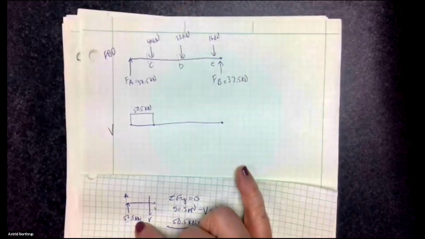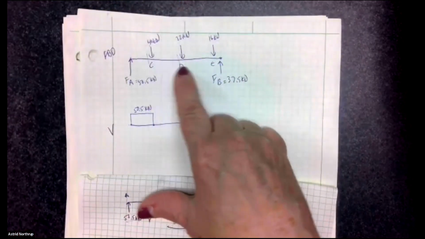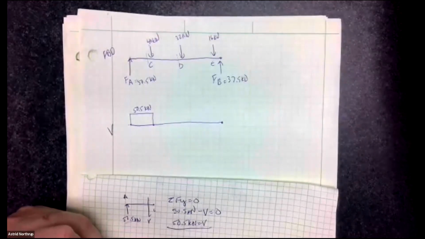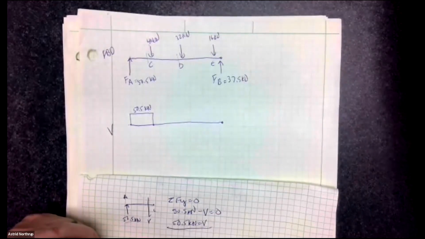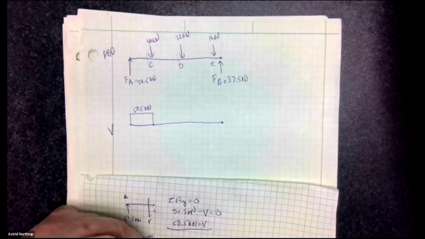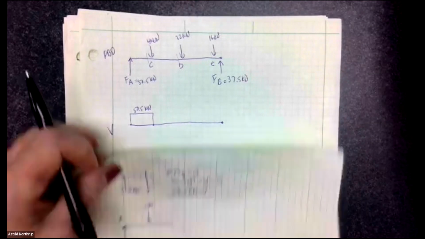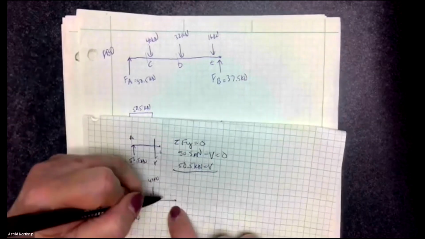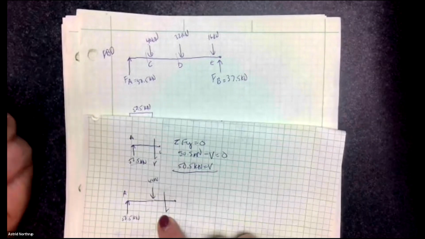Okay. Now what happens between C and D? Well, between C and D, you have 50.5 kilonewtons acting up, you have 40 kilonewtons acting down. And then between C and D, once again, V acting downward.